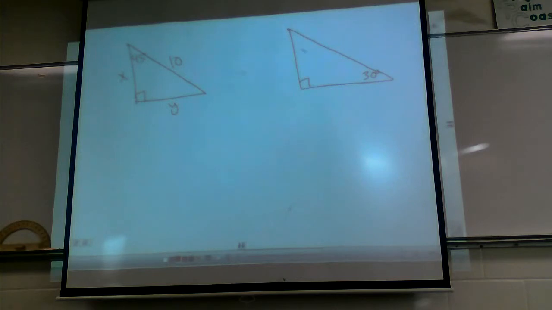On the 30, 60, 90, do you want me to put the number on the longest side or the middle side? Longest one? All right, that's what you do. Give me a number. 14? Okay, 14.